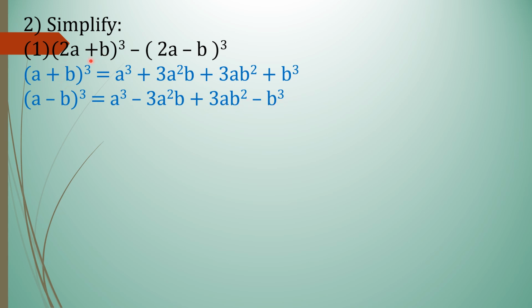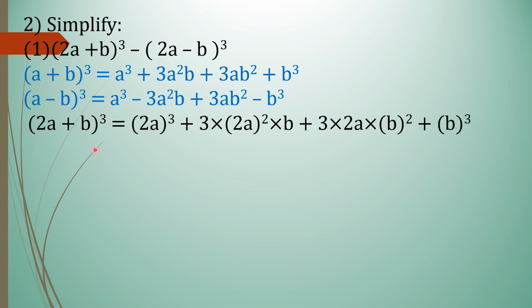So the first term will follow a plus b the whole cube formula, and the next term, that is 2a minus b the whole cube, will follow a minus b the whole cube formula. First I will simplify 2a plus b the whole cube. We'll do first individual. So 2a plus b the whole cube will become 2a cube plus 3 into 2a square into b plus 3 into 2a into b square plus b cube.